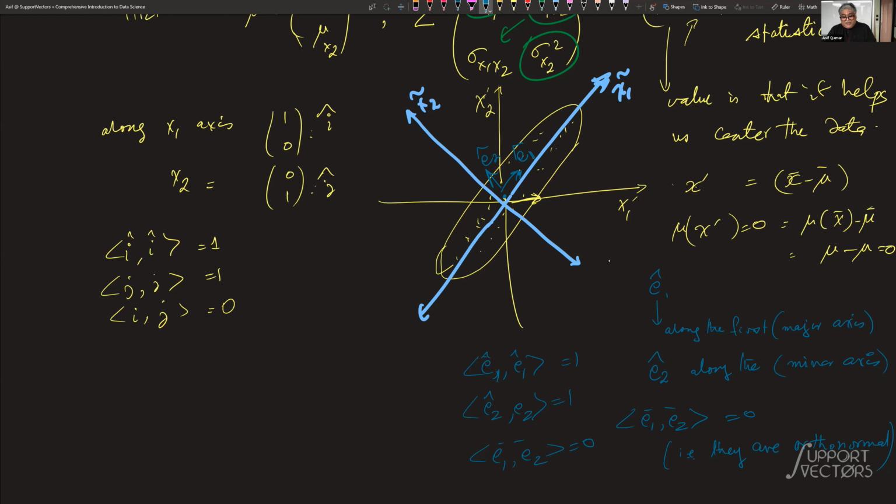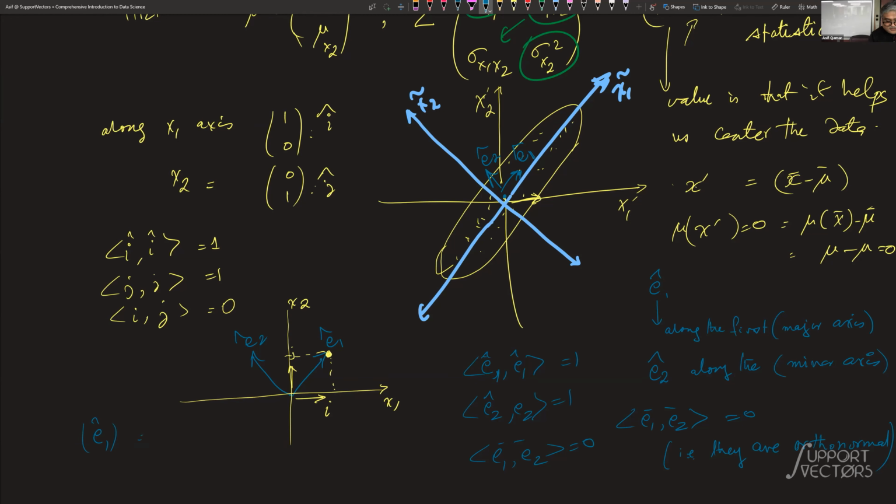So you know that E1, E2 is a rotation. Take the E1 vector and the E2 vector. In the original coordinate system, the unit vector here is I and this unit vector is J. You would agree that E1 can be represented with some coordinates: some amount along the x1 direction and some along the x2 direction.